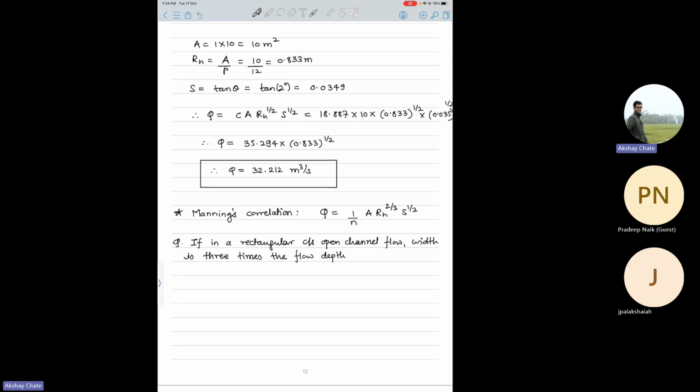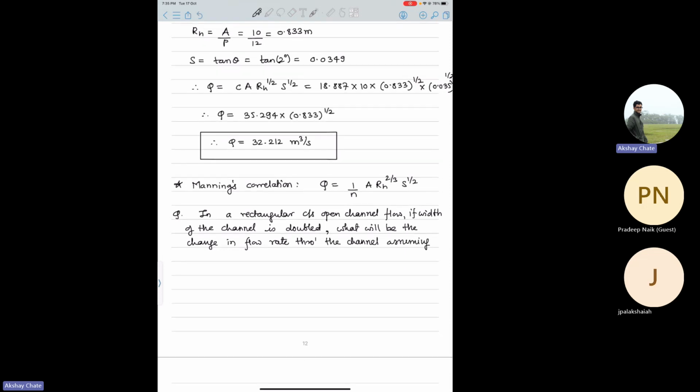Or instead of that, I can simplify it. Let's say in a rectangular cross-sectional open channel flow, if the width of the channel is doubled, let's say, you can put any number here, what will be the change in flow rate through the channel, assuming other parameters the same?